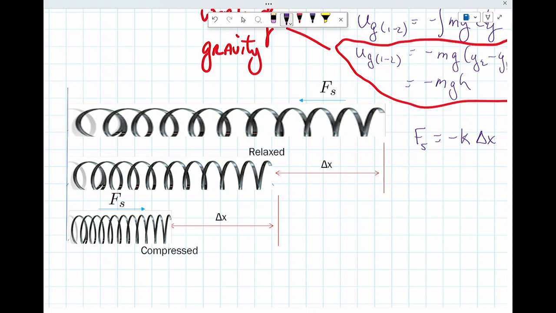If I use work, I can write that as U 1 to 2 is equal to the integral from 1 to 2 of minus k x dx, and put in all the terms.